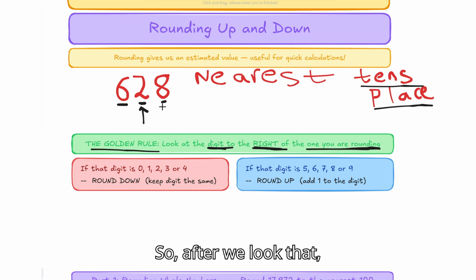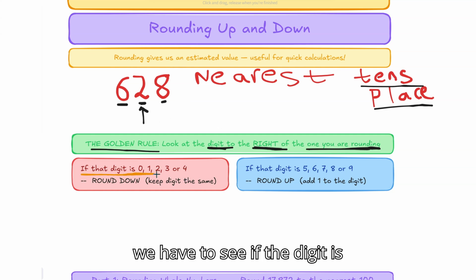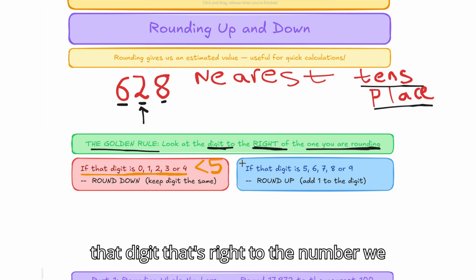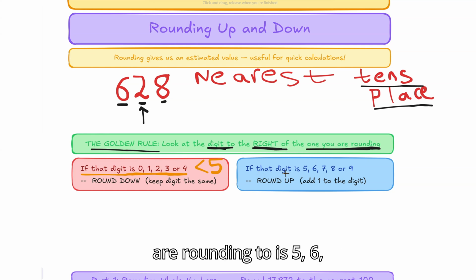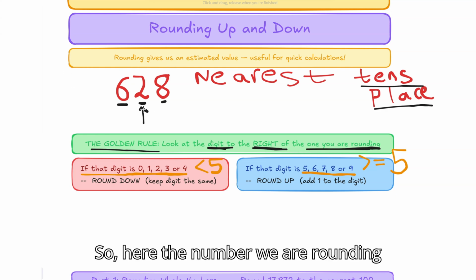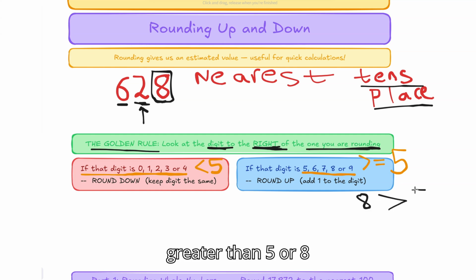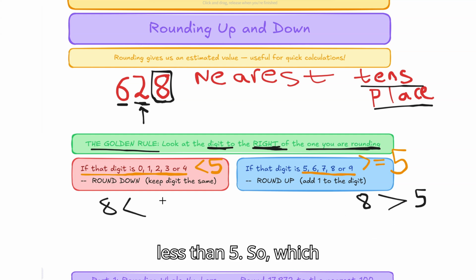After we look at that, we have to see if the digit is 0, 1, 2, 3 or 4, which we can say as less than 5, or if the digit to the right of the number we are rounding is 5, 6, 7, 8, 9, which is greater than or equal to 5. Here the digit on the right is 8, and we compare: is 8 greater than 5 or less than 5?